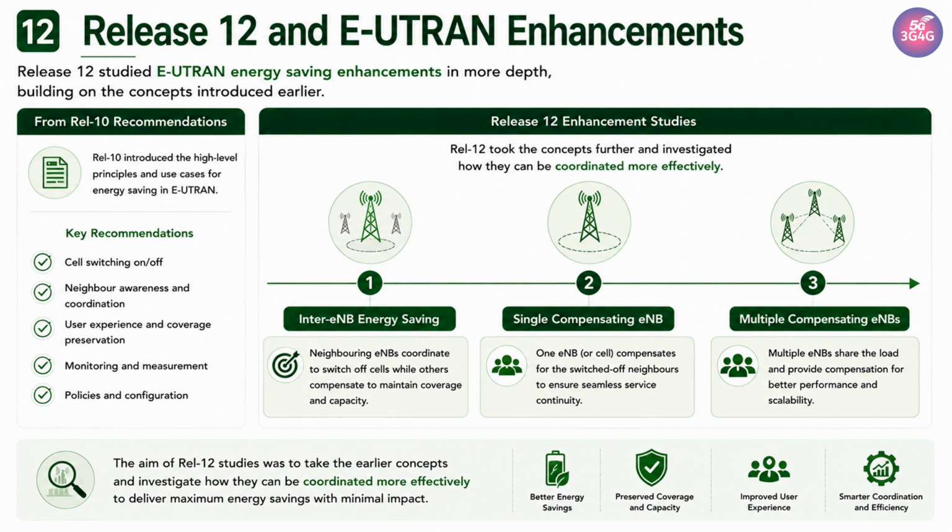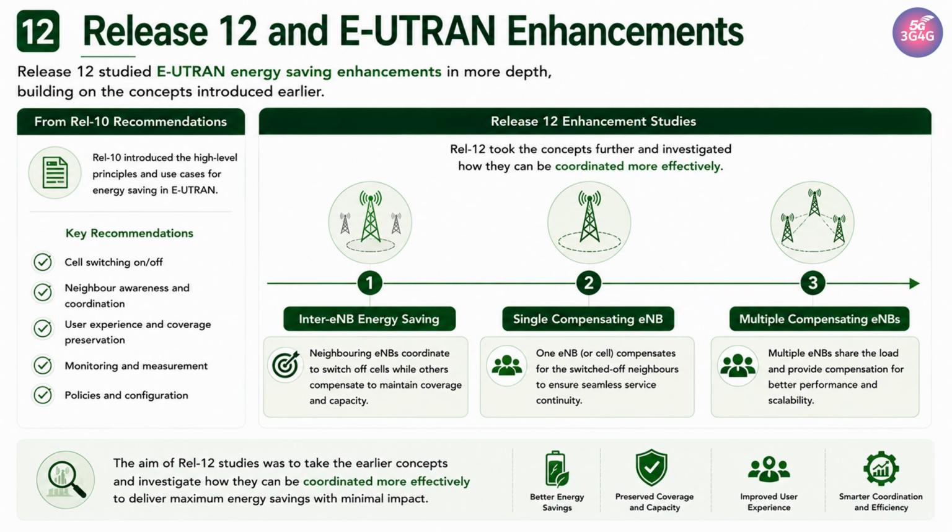First, inter-E-node B energy saving, where neighboring E-node Bs coordinate so that some cells can be switched off while others compensate. Second, a single compensating E-node B scenario where one E-node B or cell provides compensation for a switched off neighbor. Third, multiple compensating E-node Bs where several neighboring E-node Bs share the compensation responsibility.